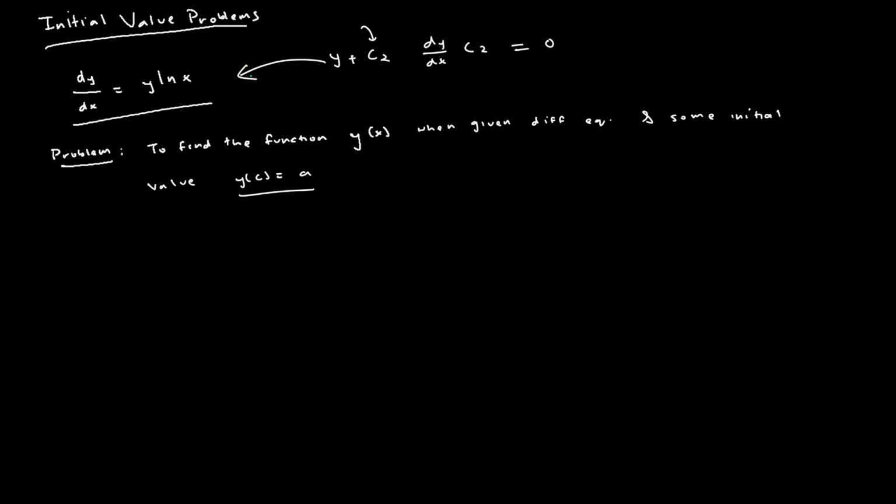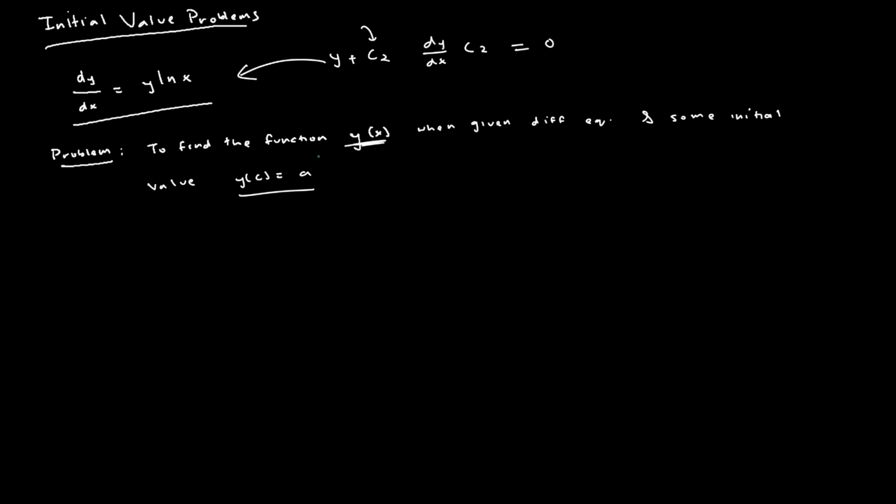And so the only way you can find the particular function that satisfies a differential equation is if you are also given some point on that function. And if you have those two pieces of information, then you can ideally single out only one or a few functions that satisfy our initial value problem.